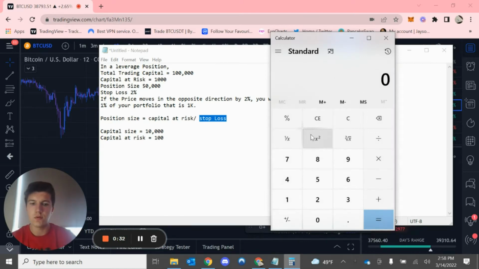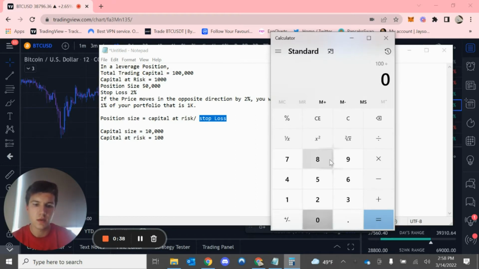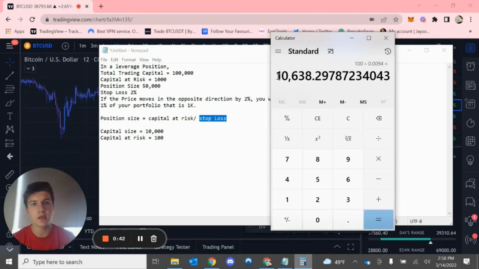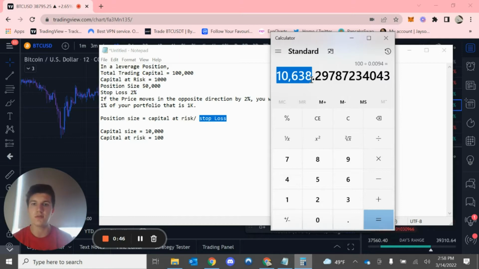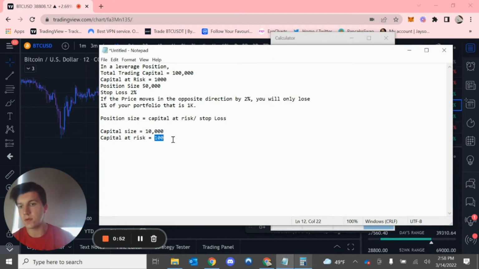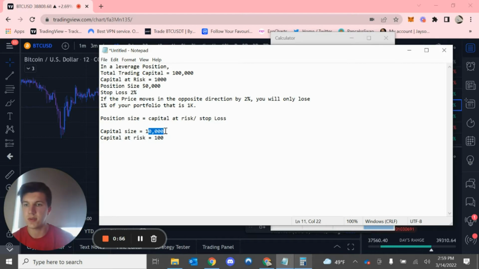So we are risking $100 divided by 0.0094. Then we can put $10,638 on the trade. And if we get stopped out, we only risk losing $100 of that total $10,000.